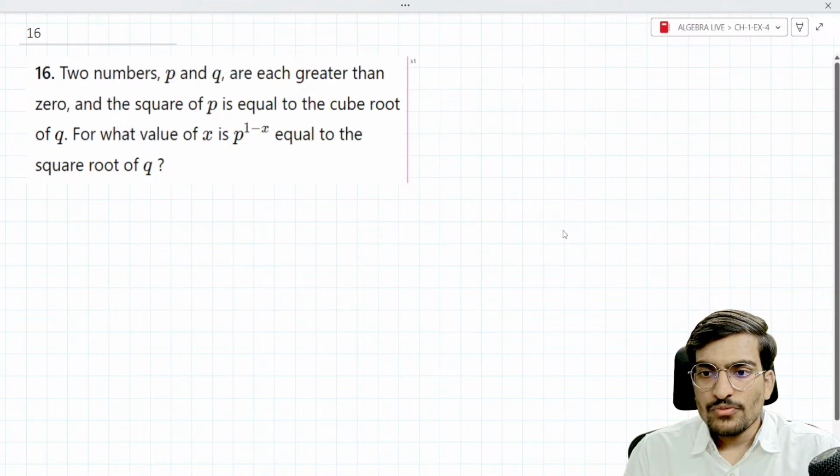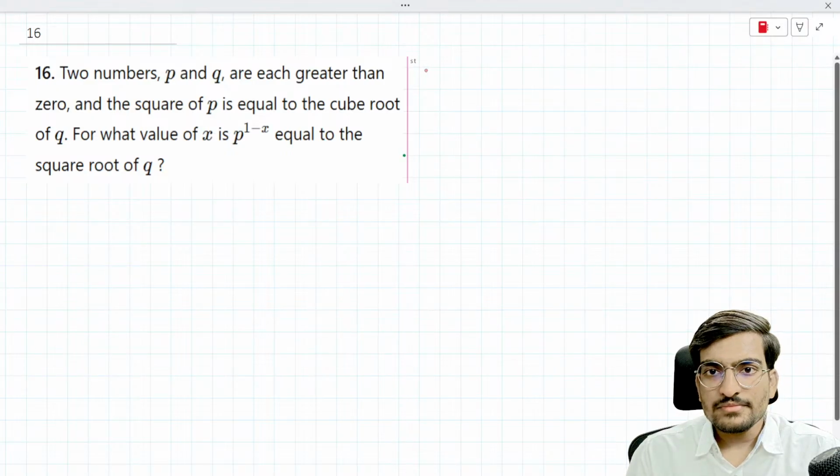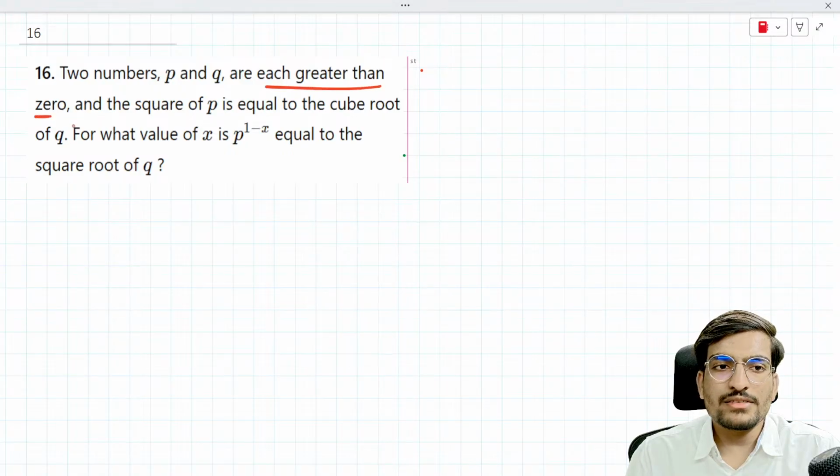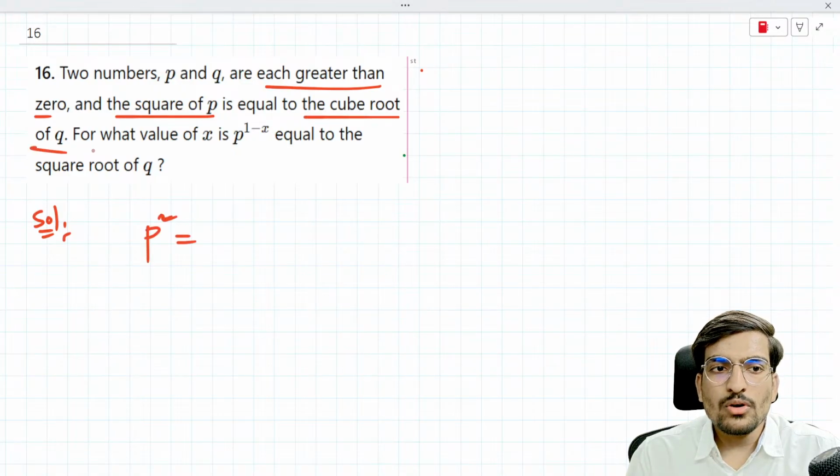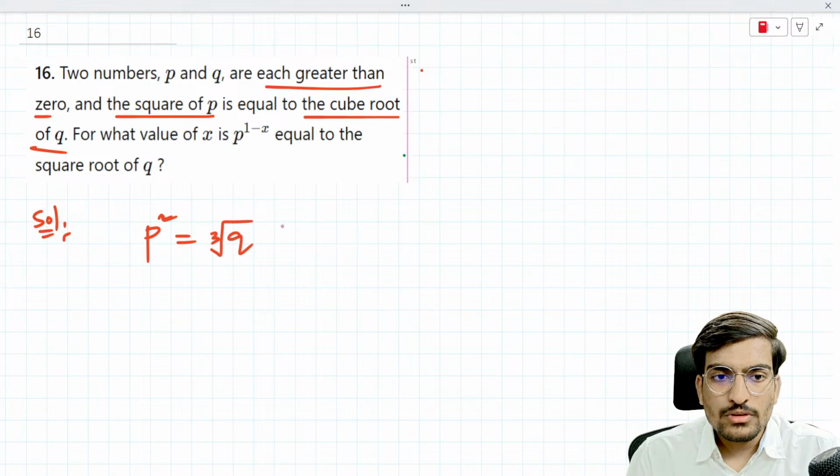Let's go for the other question. Two numbers p and q are each greater than 0. The square of p is equal to the cube root of q.